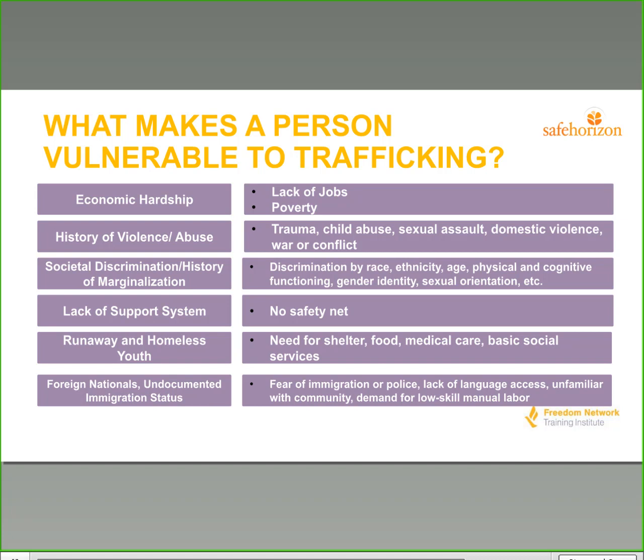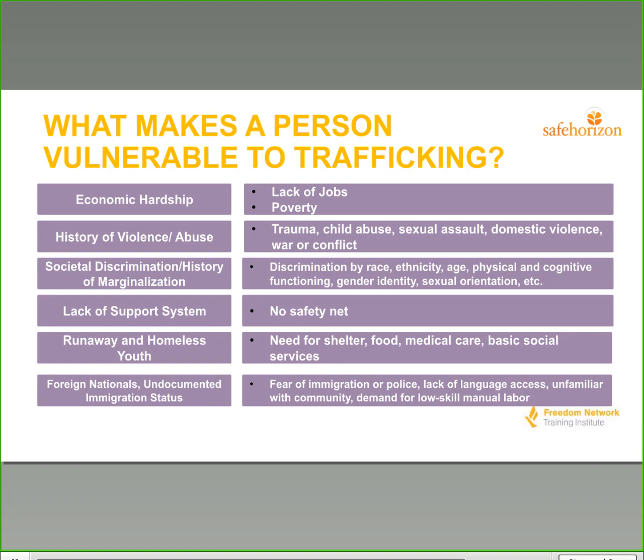And again, to go back to this slide, we also see many runaway and homeless youth. This can also be a vulnerability in someone's past that is leading them to trafficking. And I want to highlight particularly for runaway and homeless youth that oftentimes they may be engaging in commercial sex that, in their minds, may not have to do with trafficking, but they're engaging in commercial sex acts as a means of survival.